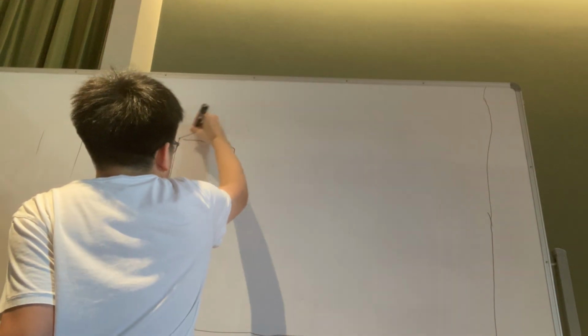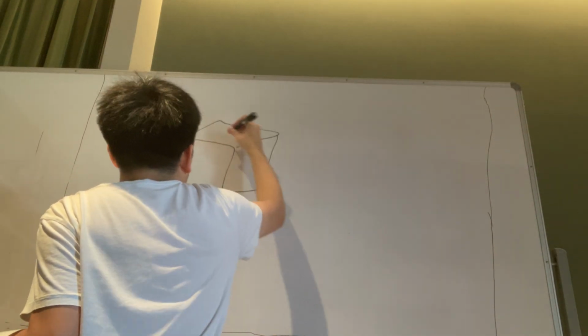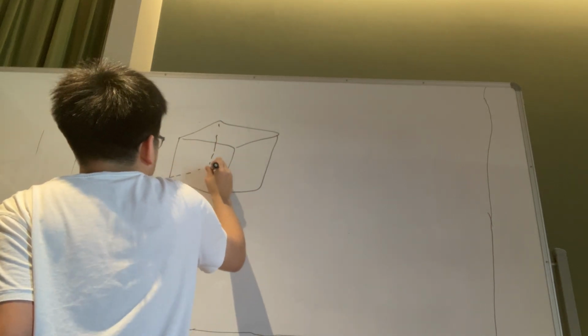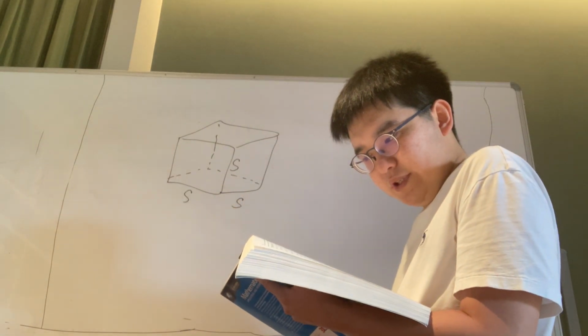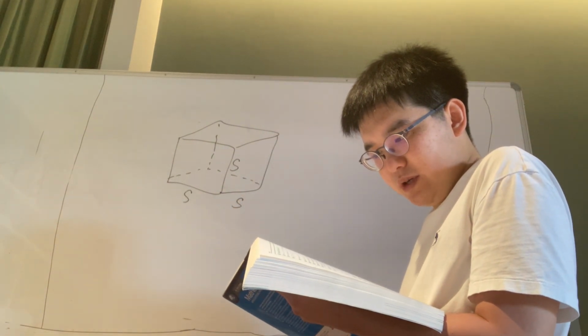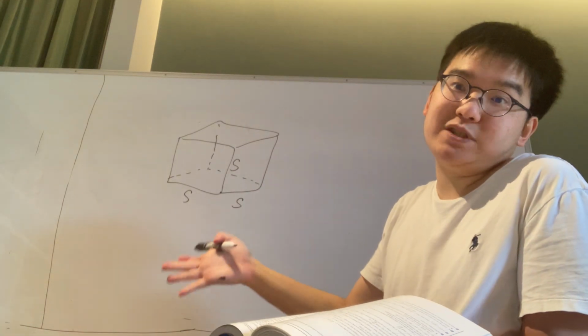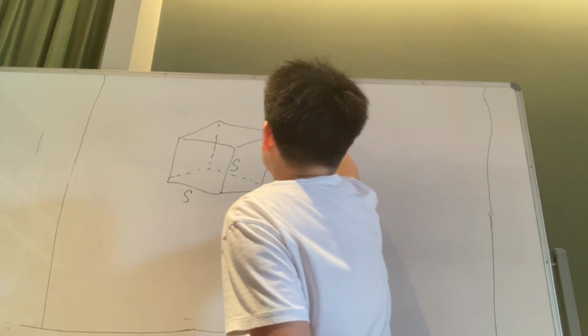So you have a cube. The side of a cube is increasing at a rate of 0.6 centimeters per second. That means we're differentiating with respect to time, so d/dt.